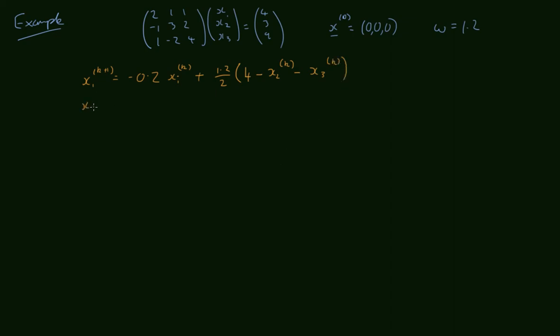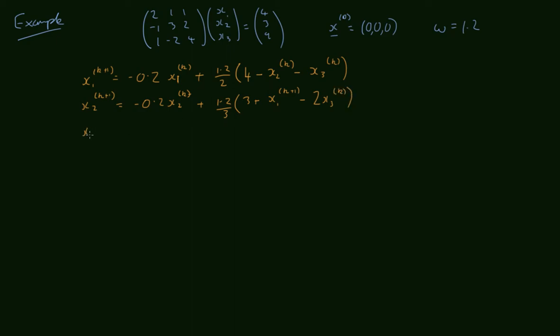Okay, for the second unknown, again 1 minus omega is minus 0.2 times our current value of x2 plus omega over 3, and that's multiplied by 3 plus x1, but we're using the value we just calculated, and that's minus 2x3 using our current value.